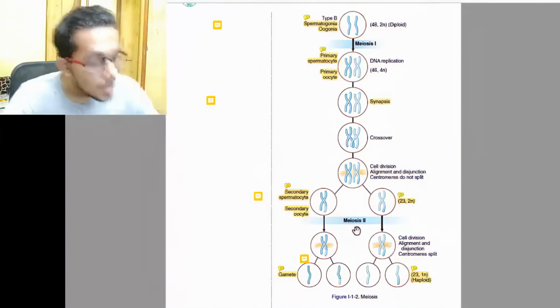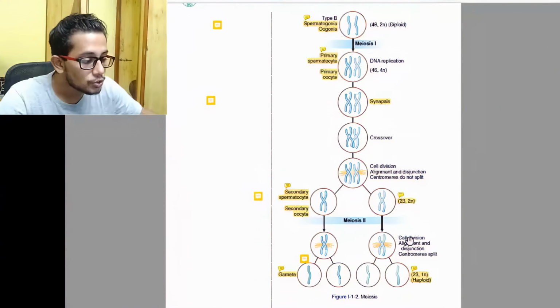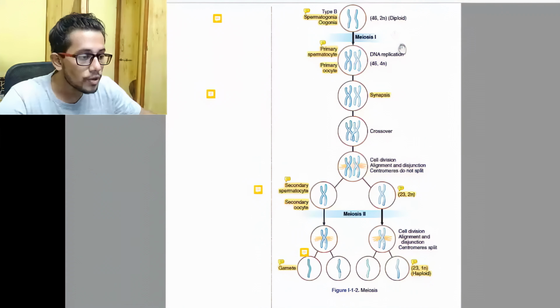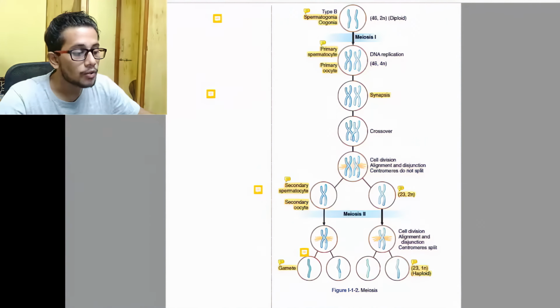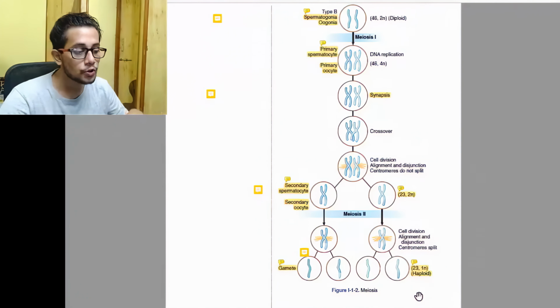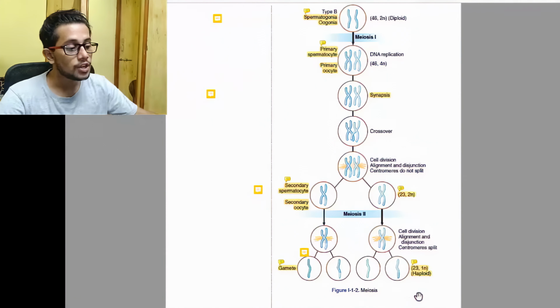So as you can see here, the process of meiosis through cell division produces 4 gametes. Now it is 23 and 1n, which is called haploid. Before it was called diploid, now it is haploid. It has 23 chromosomes and is haploid, which is a testament that it is either a sperm or an ovum, a single cell.